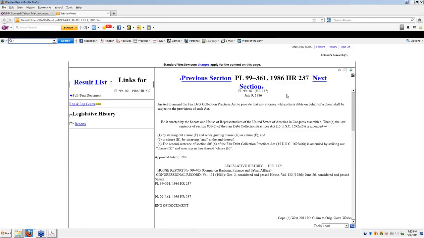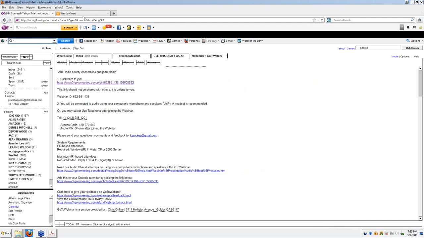What was that case? Well, let's see if I've got it here. I probably have to wait till next week to get it. But I've got it, the jury awarded them $500,000. It's a credit card case. Okay, because they violated this section. Because they violated the Fair Debt Collection Practices Act.